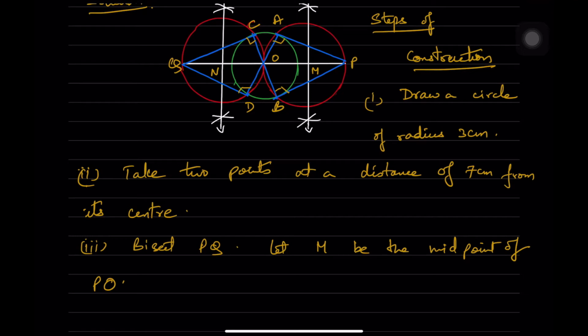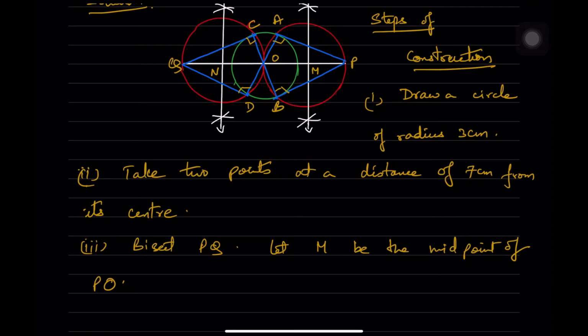So you are taking 2 points from the center, one on the right hand side, one on the left hand side. So you are going to draw a line PQ, and O itself is the center there, because from O we have taken 7 this side, 7 that side.